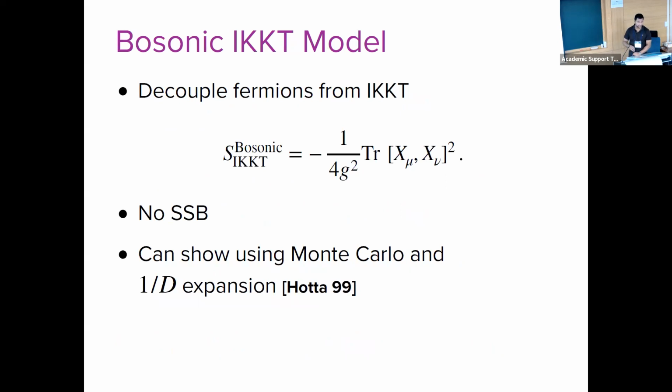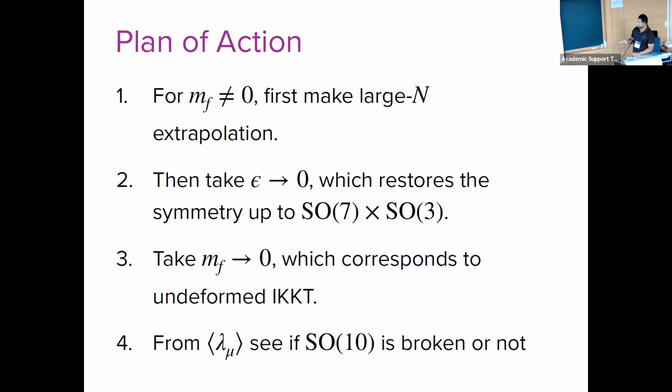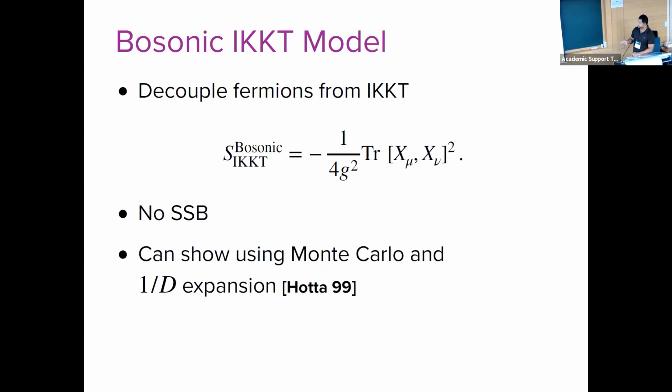Now, coming back to simulations. First we tried the bosonic IKKT model. If we decouple fermions from IKKT, what we get is the bosonic IKKT, which has this action, and there is no SSB in this model. It was shown in this reference using Monte Carlo and a 1/d expansion. Here you take the number of matrices as d, treat d as a parameter, and do a 1/d expansion.